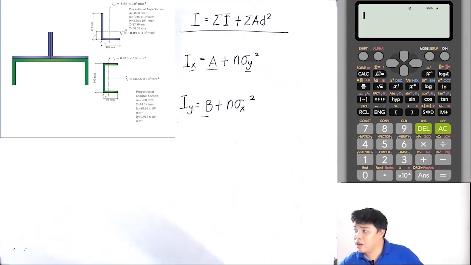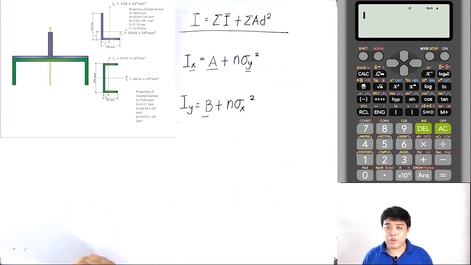For example, this is symmetric on the y-axis. So therefore, this axis of symmetry parallel to the y-axis, you can use as your initial reference line. And for x, since we don't have an axis of symmetry parallel to the x direction, you can just select or designate any reference line you want.